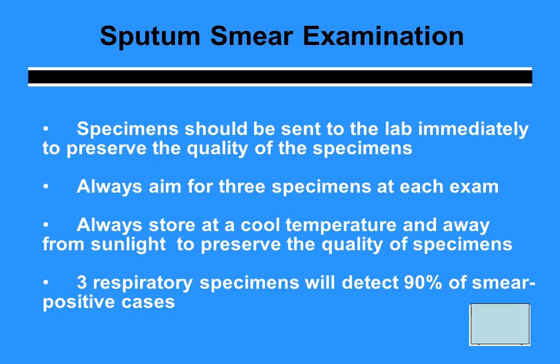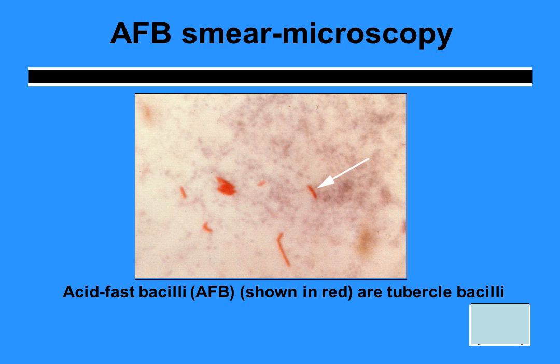Why are these three specimens collected? Because it increases detection of 90% of smear positive cases, that is open cases of tuberculosis. This is how acid-fast bacilli or tuberculosis bacilli are seen on Ziehl-Neelsen stain.